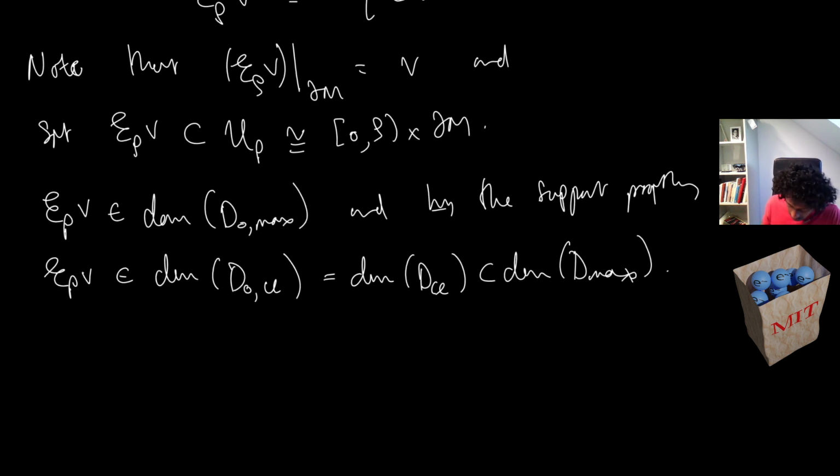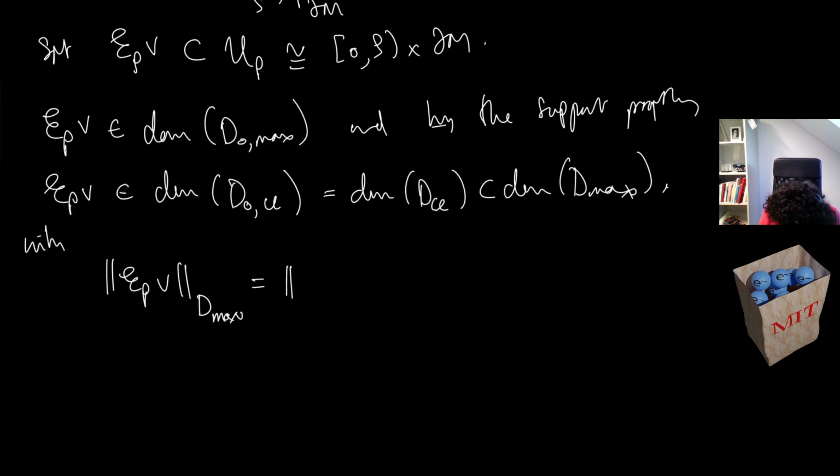Okay, so what? So this shows us, and this is bounded, right? So with E rho of V in H check A of D naught, bounded now by, it's not that. So E rho of V in D max is equal to, so what is it?